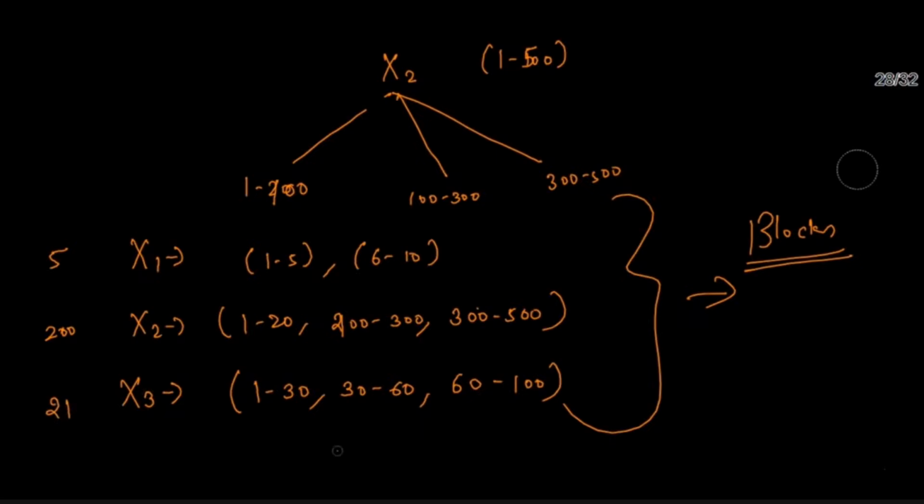So you will see this 5 lies in this quadrant, whereas this x2, this 200 lies in this quadrant, whereas this x3 where it is 21, it will definitely lie in this quadrant. So now what we have to do for this x1 block, we have to compute the average of y. Let's say this average is y1. Similarly with respect to x2, with respect to this block, we have to compute the average of y.